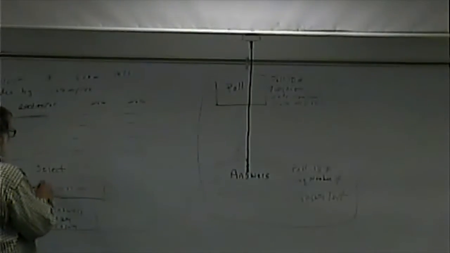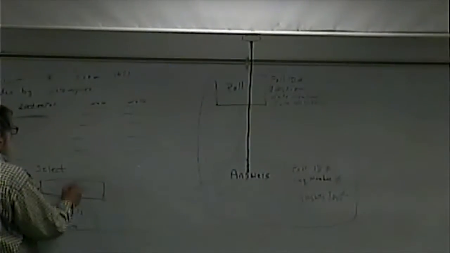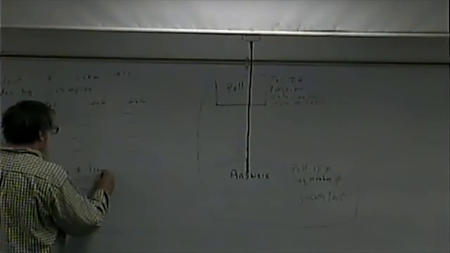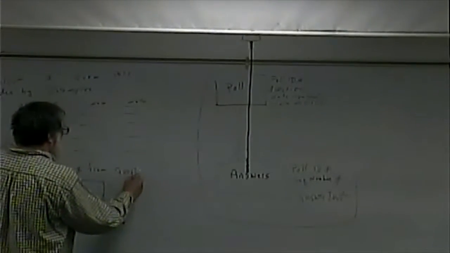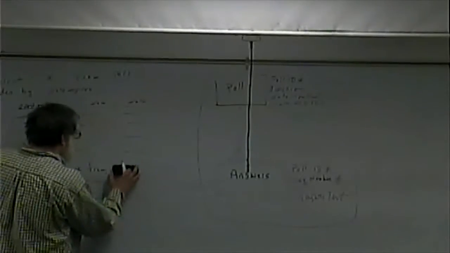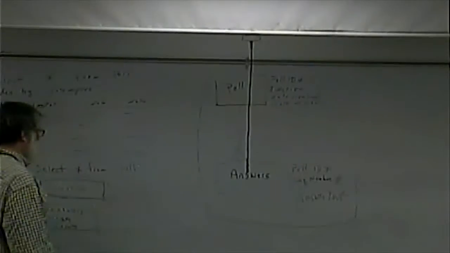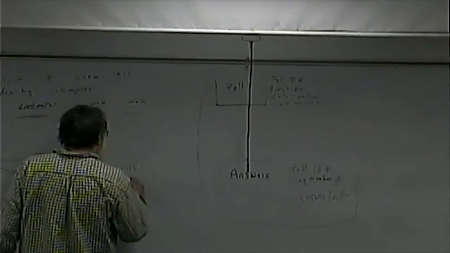So the data source for this could be select star from question, or from poll, where what? All right? And how do we identify the row in this table?